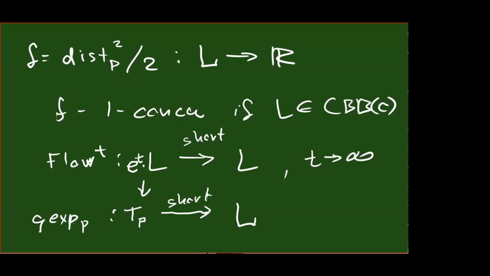First of all, it works for lower curvature bound 0. For other curvature bounds, this doesn't work directly. This idea with the rescaling and passing to the limit doesn't apply, but you have to use some other way to define it. Still, you can construct a gradient exponent for any lower curvature bound.